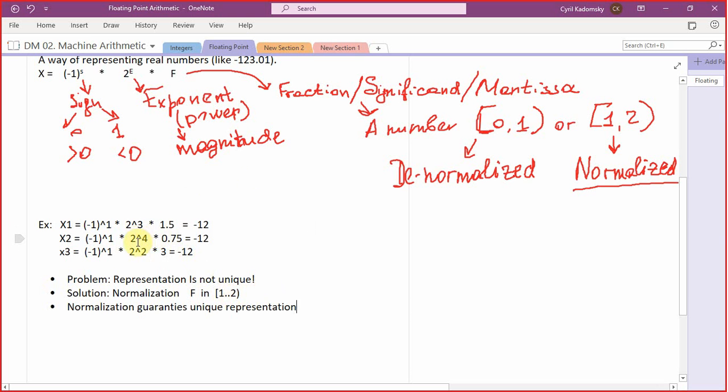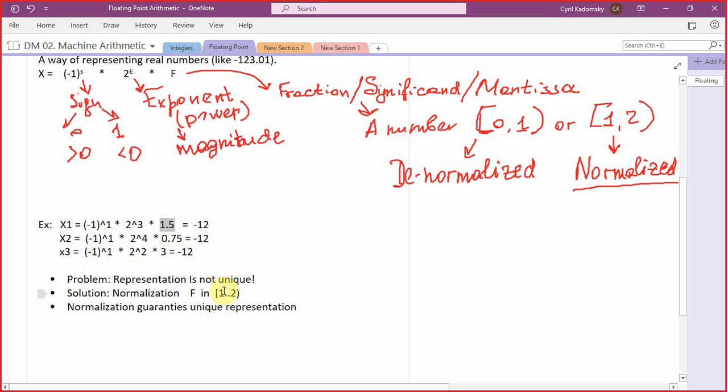Well, because if you change your exponent just by 1, your fraction should change by factor 2, right? Exponent is changed by 1, the fraction must change by factor 2, very easy, to give you the same result.